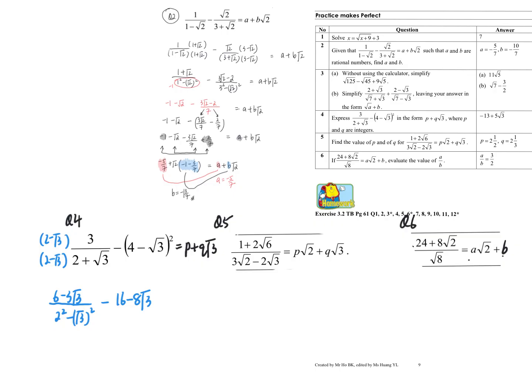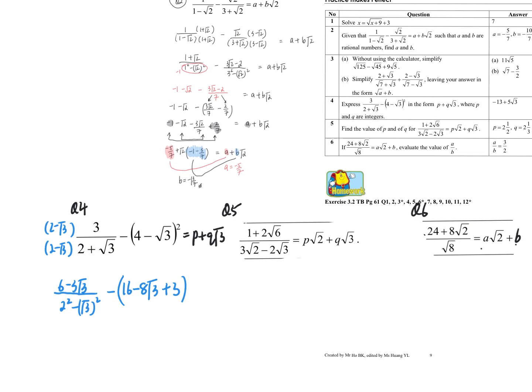Okay? So the only thing is to rationalize the fraction and then you end up having 4 minus 3. So this is just 1. There's nothing to change, because it's 2 square minus square root 3 square, 4 minus 3. So this one, I leave you to go and simplify.